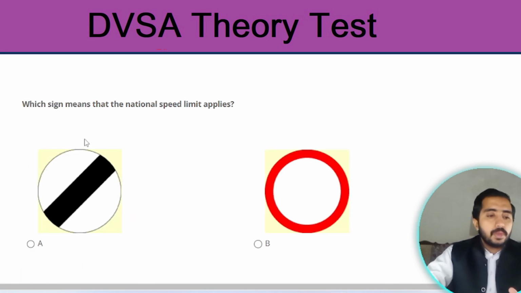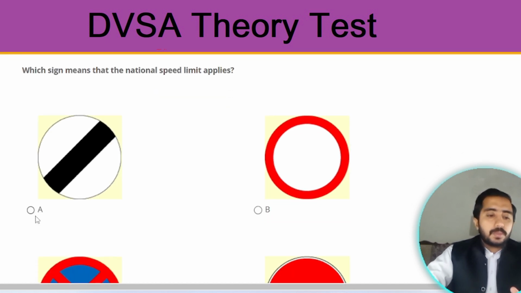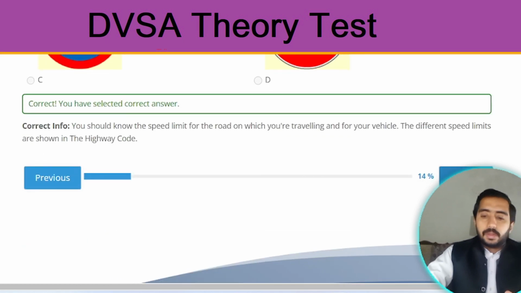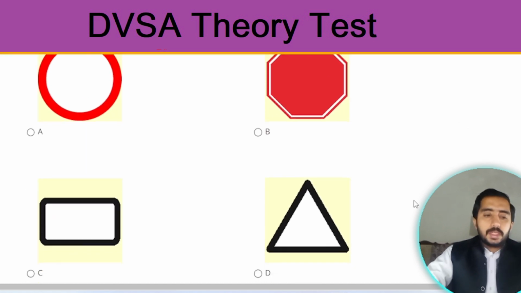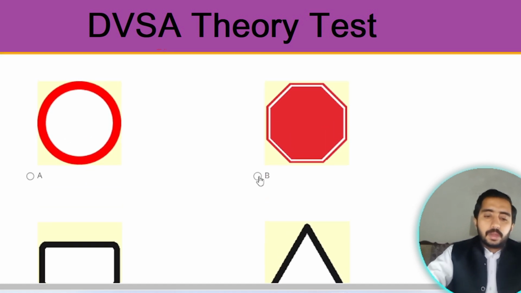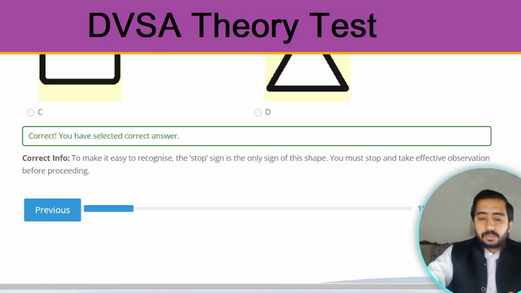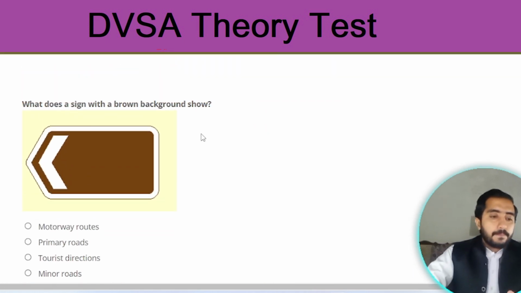Next. Which sign means that the national speed limit applies? The national speed limit applies by option A. Next one. What is a stop sign? Stop sign is given here in option B. What does this sign with the brown background show?